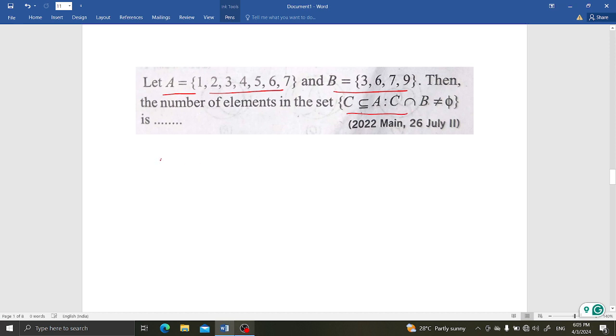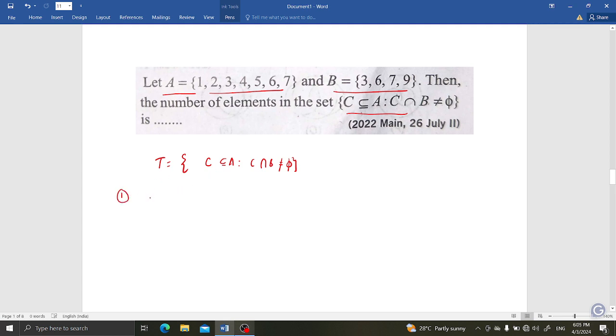Actually, let us assume that this set is T and it is the collection of those subsets C of A such that C intersection B has to be non-empty. Set T is the collection of those subsets of A whose intersection with B is non-empty.